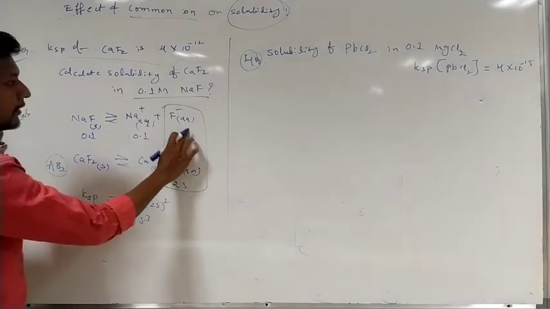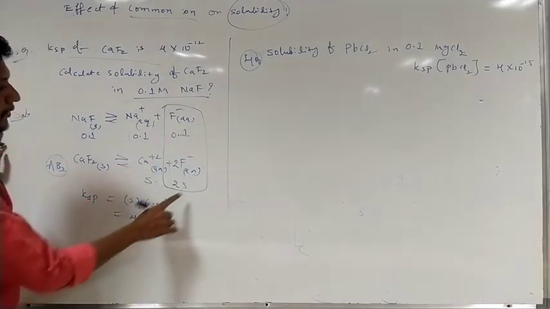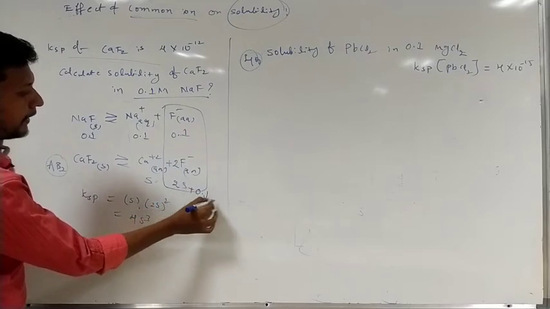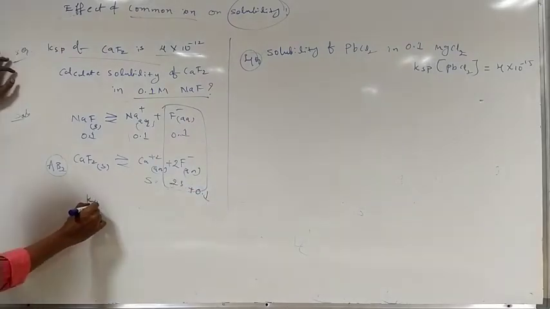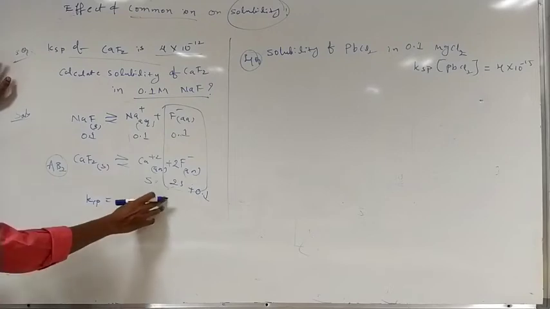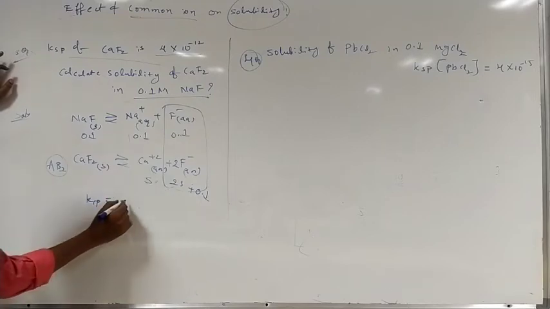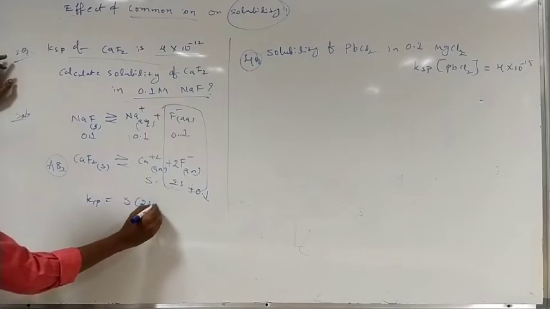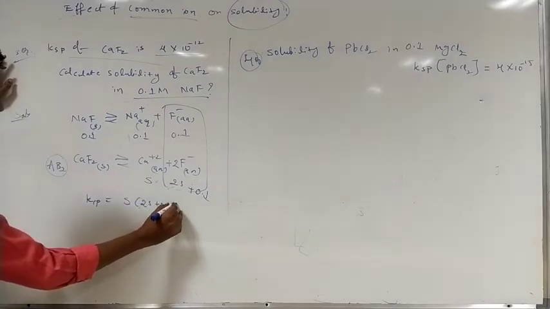Here 0.1 is there, so I am adding the 0.1. Ksp is equal to S into (2S plus 0.1) whole squared.